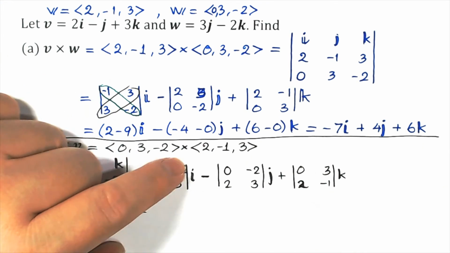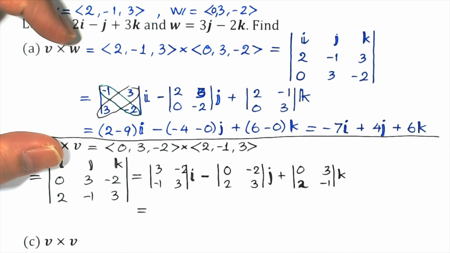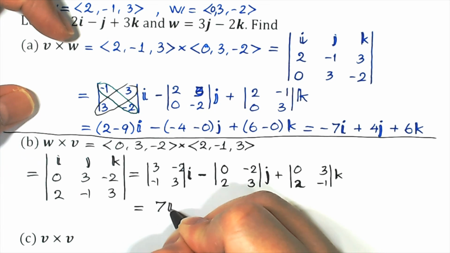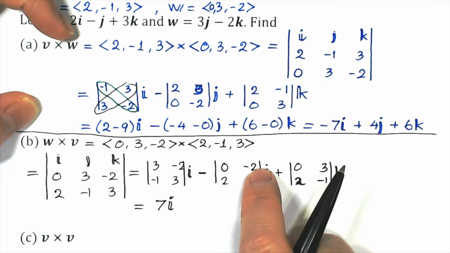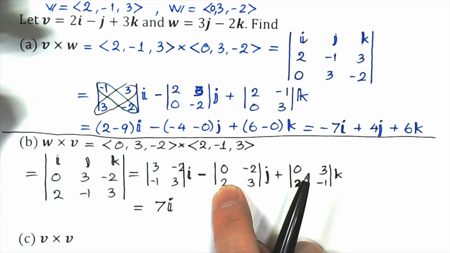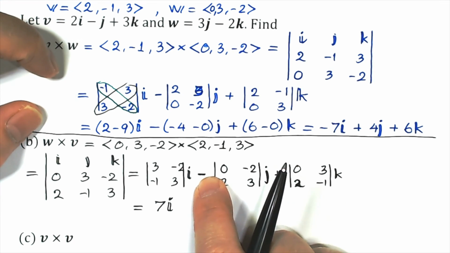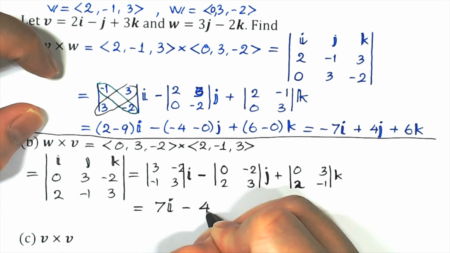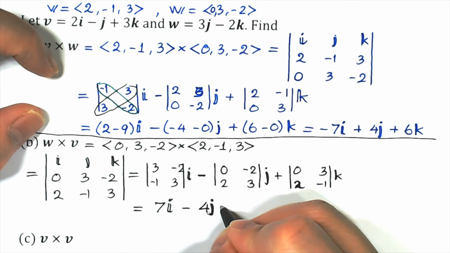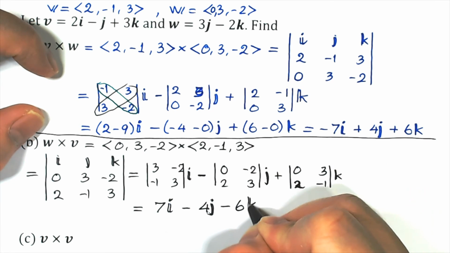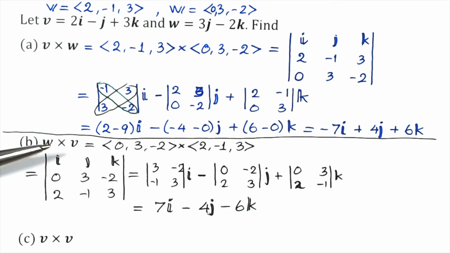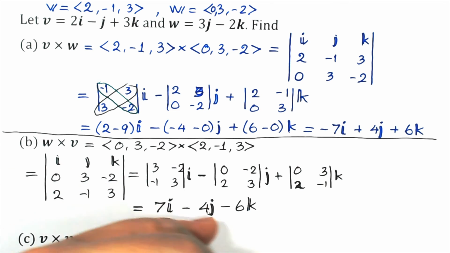So that gives us 9 minus 2, so it will be 7i. Then 0 minus 4 minus negative 4, it's going to be positive 4, but with another minus, so we go back to minus 4j. And 0 minus 6k. So that is the cross product of w and v. w cross v gives us this.